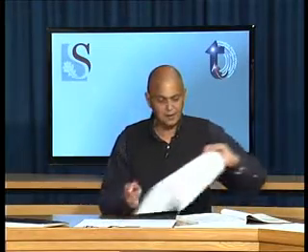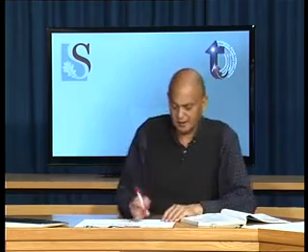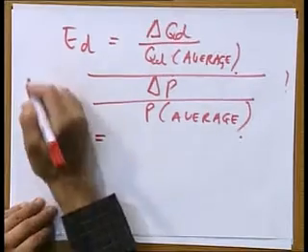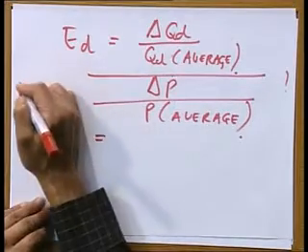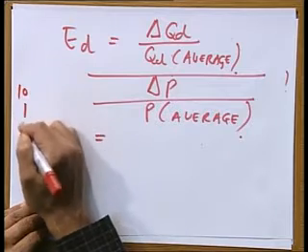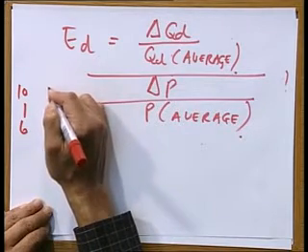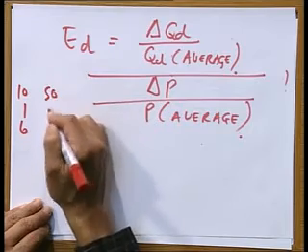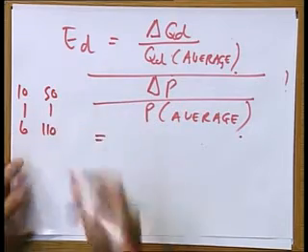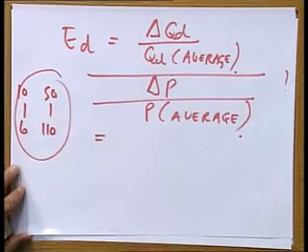Okay, so if we go back to our formula, now we have to substitute the values into our formula. If you just look at the two prices, it was 10 Rand declining to 6 Rand, and because of that, what happens with the quantity demanded? It increases from 50 to 110. So this information you will use in your formula.